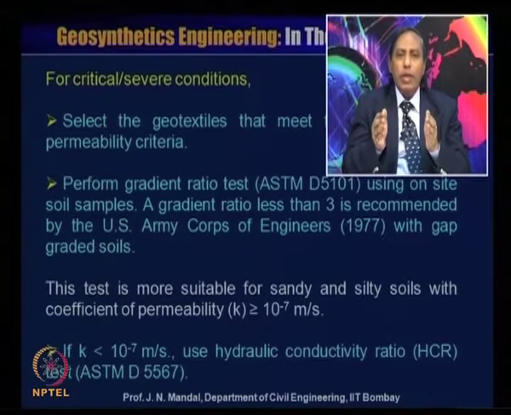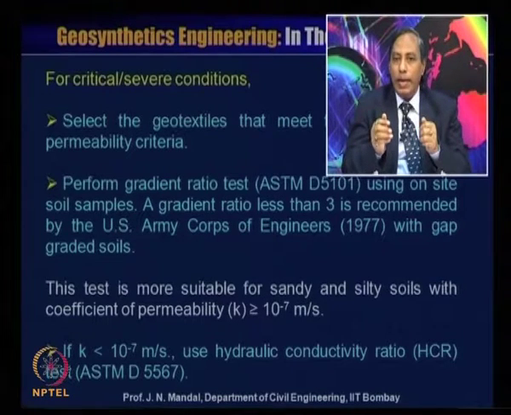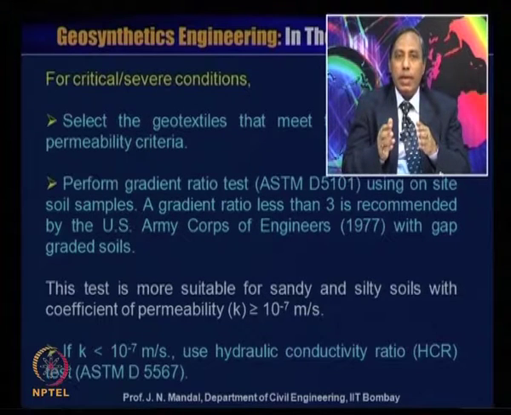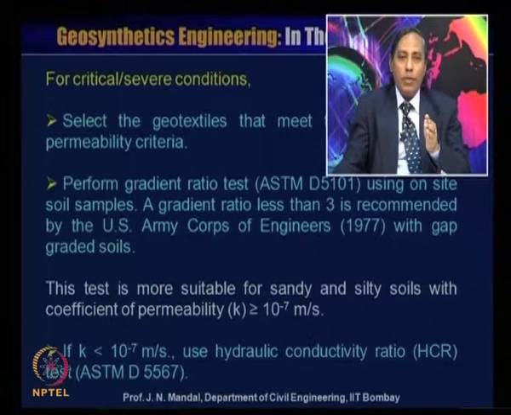The test is more suitable for sandy and silty soil with the coefficient of permeability K greater than or equal to 10 to the power minus 7 meter per second. If K is less than 10 to the power minus 7 meter per second, use the hydraulic conductivity ratio, that is the HCR test as per ASTM D5567.